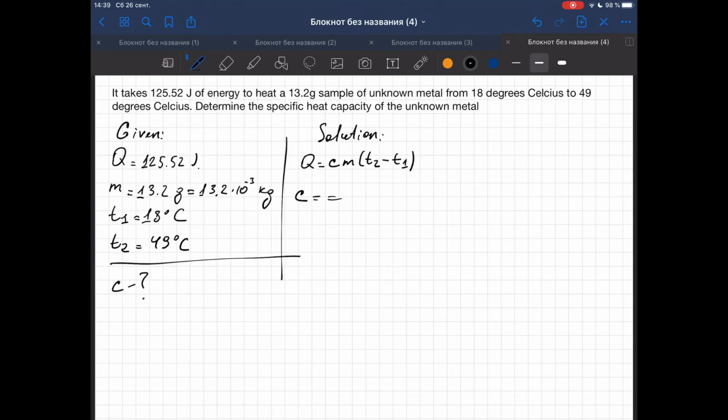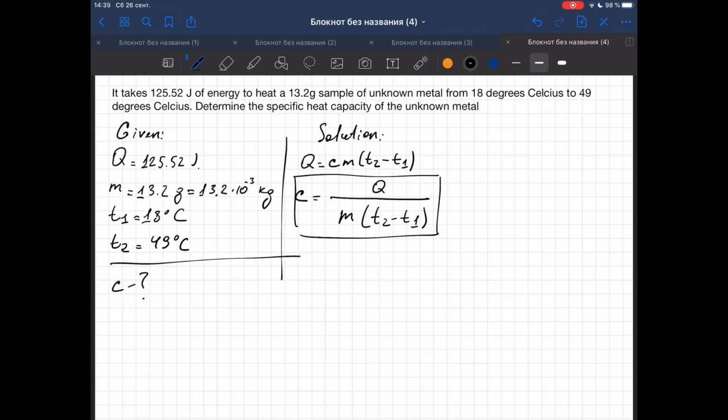So the specific heat capacity is equal Q divided by mass multiply (T second minus T first). And this will be our operational formula.